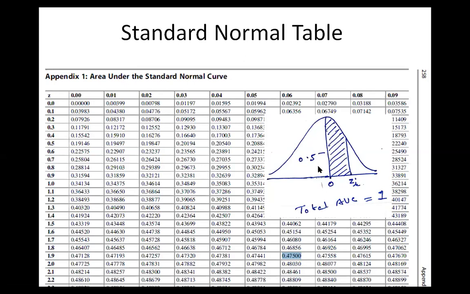So the area between minus 1.96 and 1.96 is 0.475 into 2, twice that area. So if you multiply 0.475 by 2, you will get 95%.